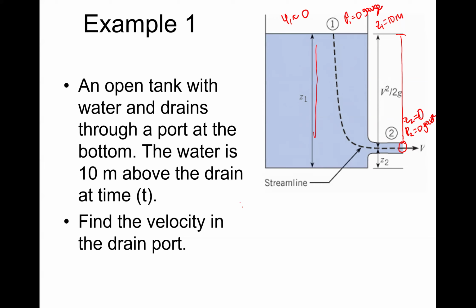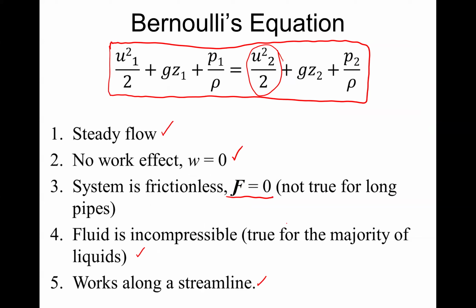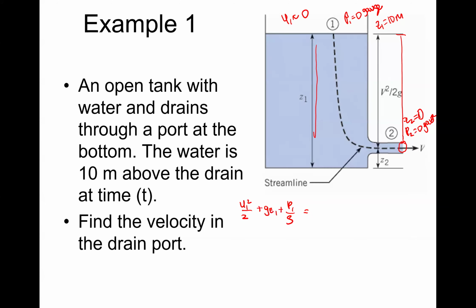That I now have a Bernoulli, which is u1 squared over 2 plus g z1 plus P1 over rho, equals u2 squared over 2 plus g z2 plus P2 over rho.